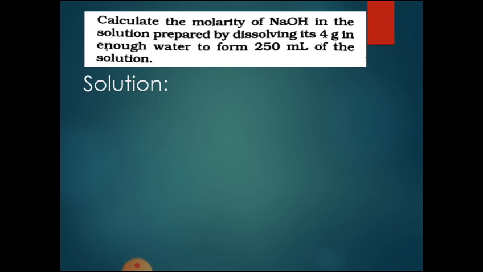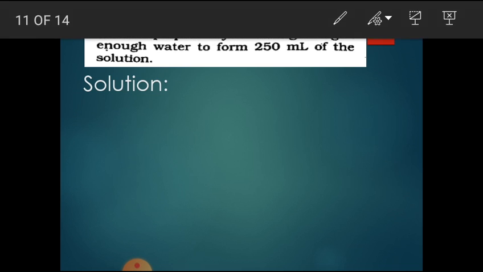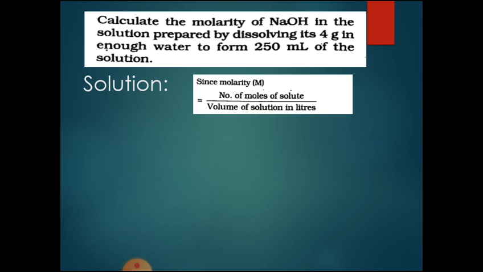Understand the meaning of the problem and then proceed. So we know that molarity M is equal to number of moles of the solute divided by volume of solution in liters.